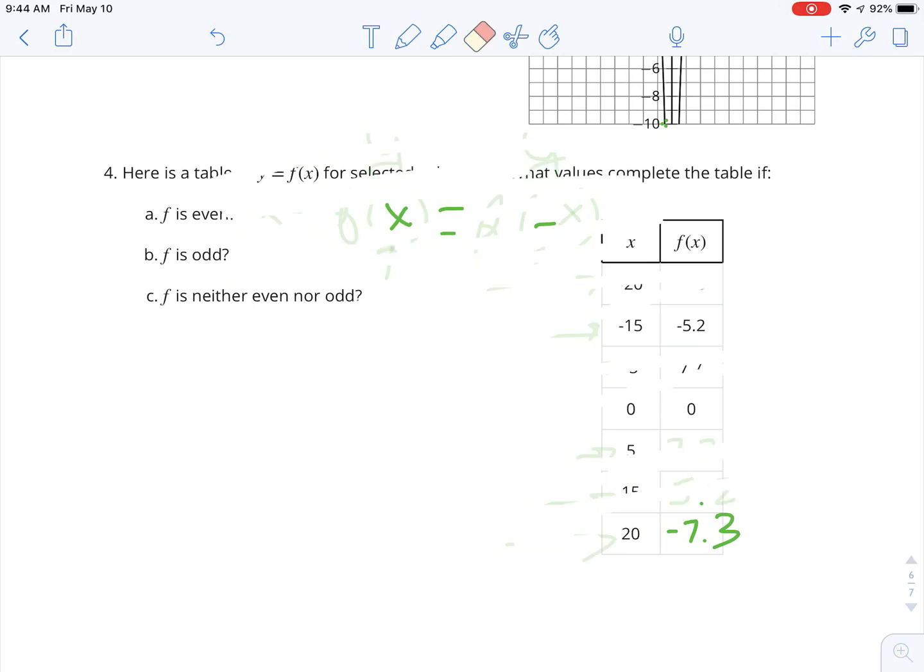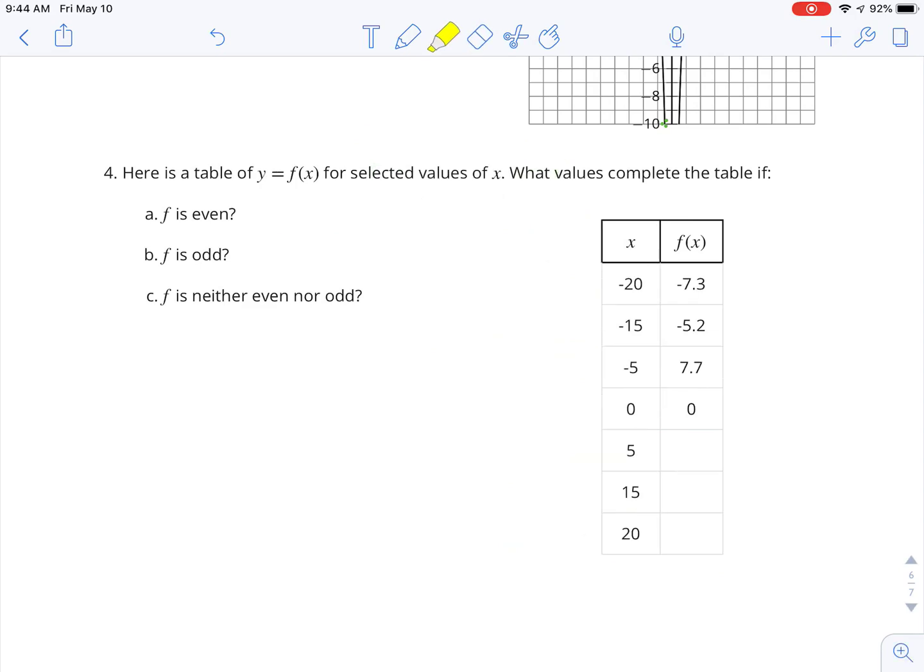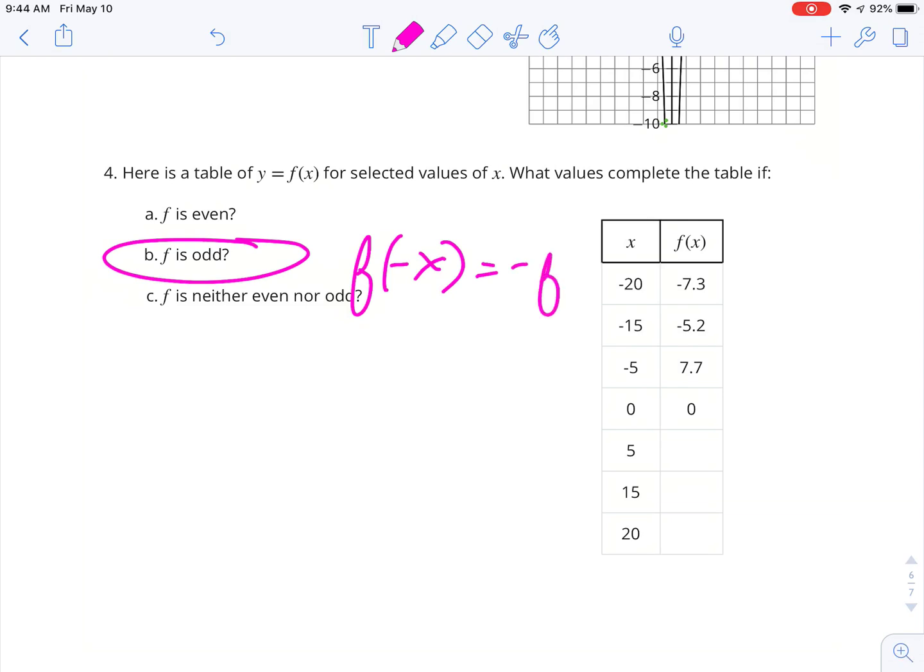Now for an odd function, we have f of -x equals the opposite of f of x. All right, so what does that mean?